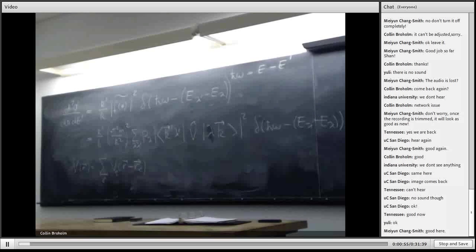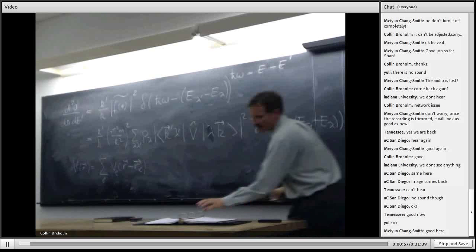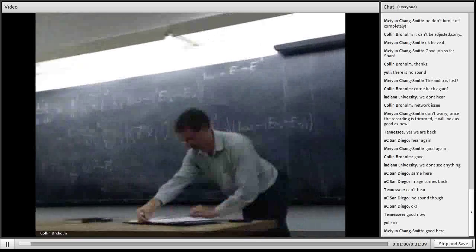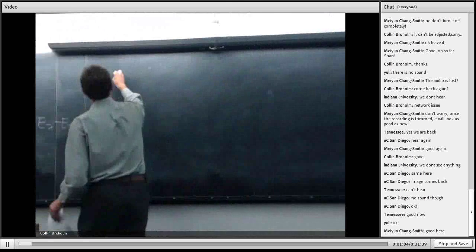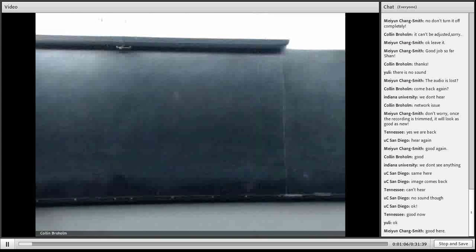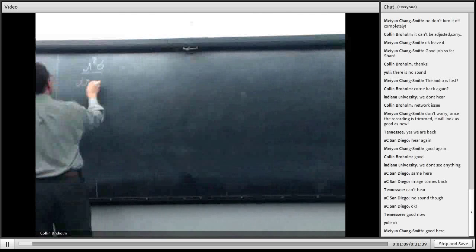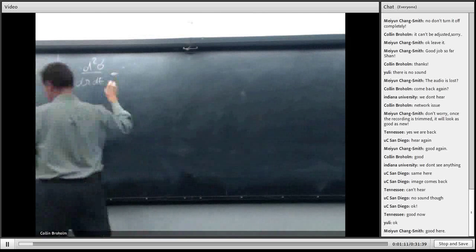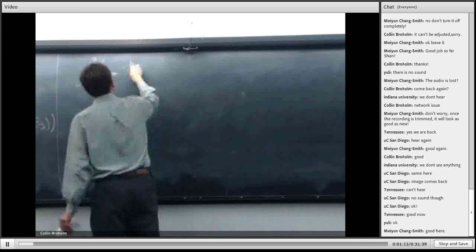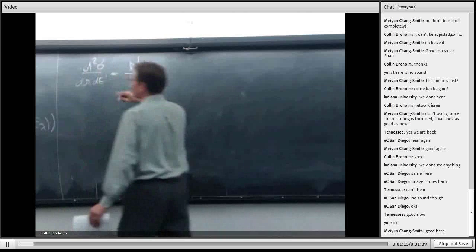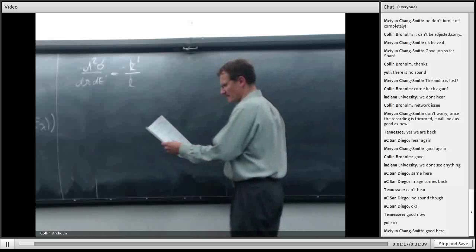I'll do that in the middle board here. I'll have my expression again: d sigma, d omega, d E prime, and most of it stays the same. I think I'll later try to simplify matters.